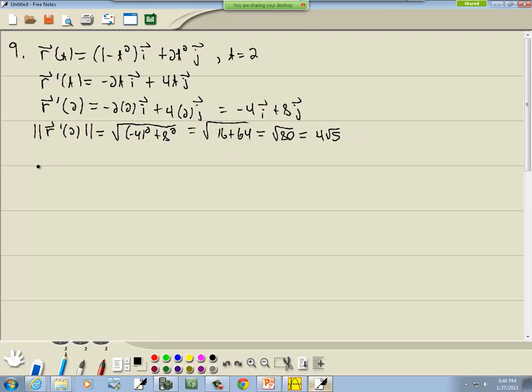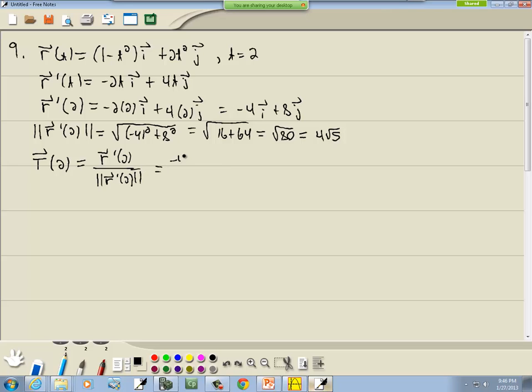So then T at 2 is going to equal r prime at 2 over the magnitude of r prime at 2.